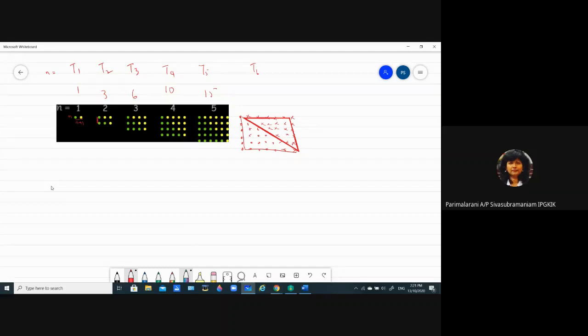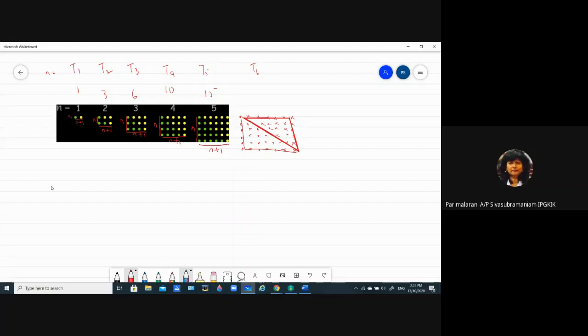If this side is n, this will be n plus 1, correct, right?